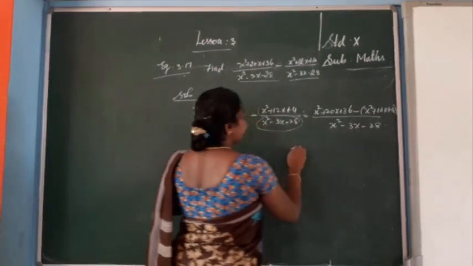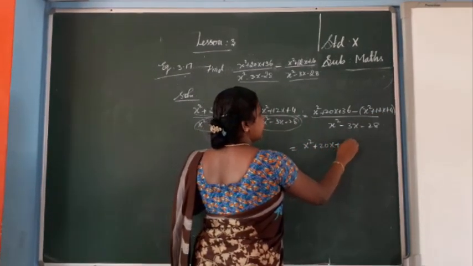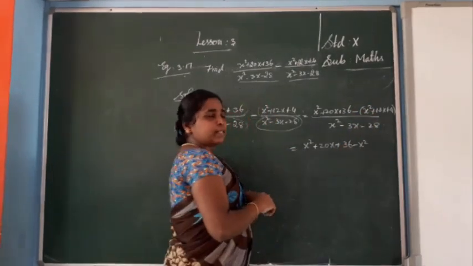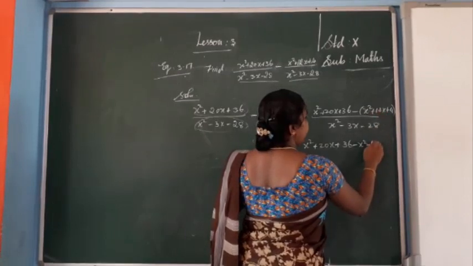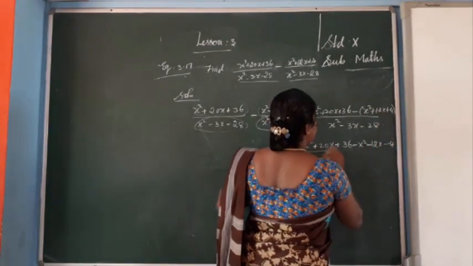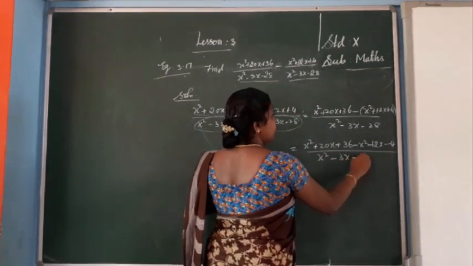Multiplying by minus: minus x square, minus into plus is minus 12x, then minus 4, divided by x square minus 3x minus 28.